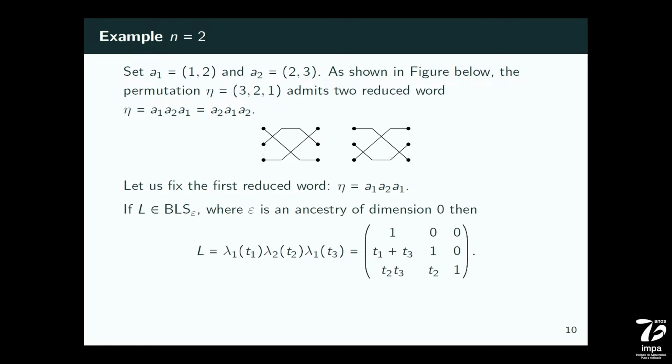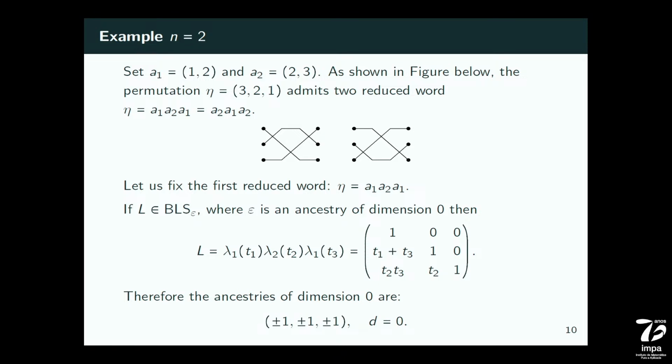If L is a matrix in B_L sigma epsilon, where epsilon is an ancestry of dimension 0, we know that L is written like lambda 1 t1, lambda 2 t2, lambda 1 t3. How many ancestries of dimension 0 do we have?